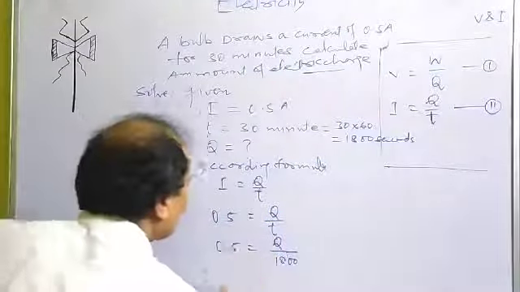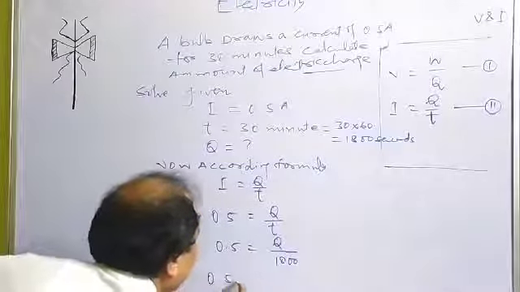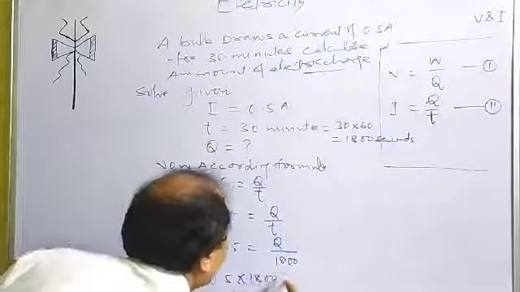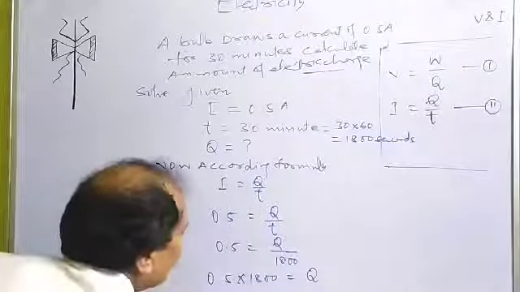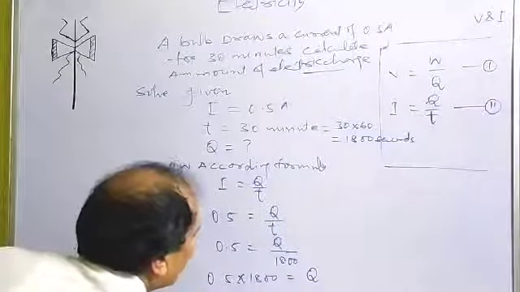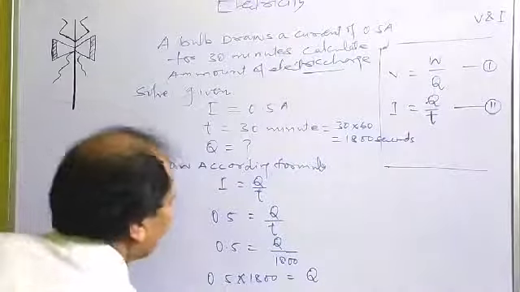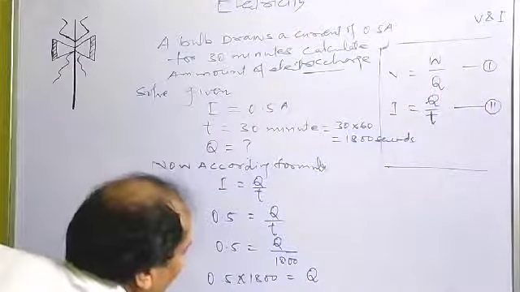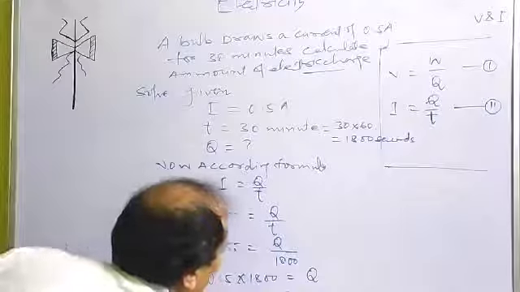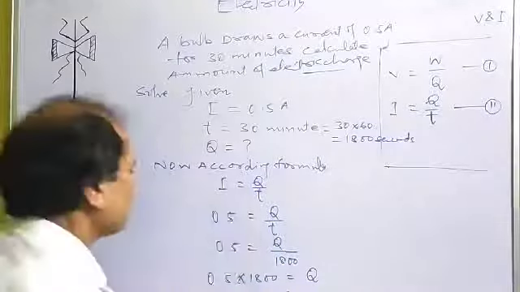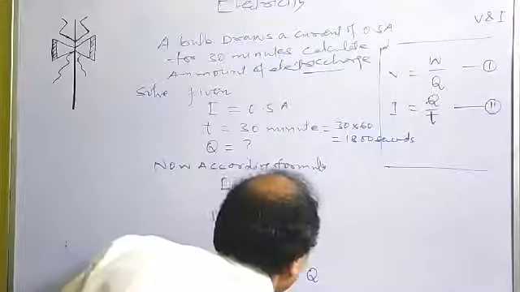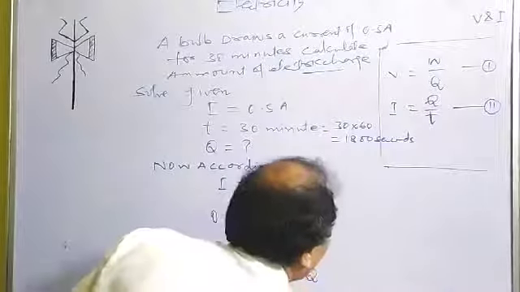So for the value of Q, multiply 0.5 into 1800 equal to Q, which means Q equal to 900 coulomb.